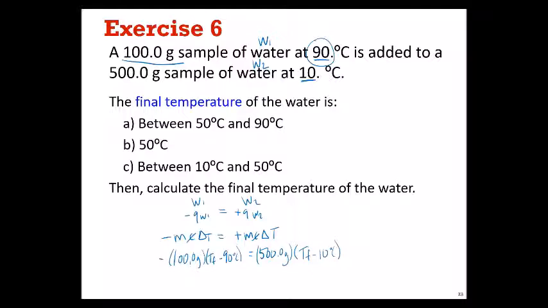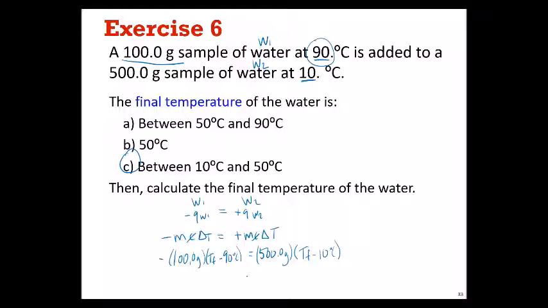So it seems more reasonable that the final thermal equilibrium temperature would be closer to 10. Does that seem a reasonable assumption to make? Since the colder is more massive, the temperature should reside closer to the colder initial temperature. So yeah, I would select C without even having to do the math, but we're just demonstrating the math, which is good.